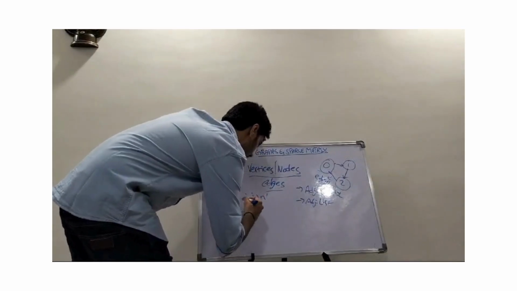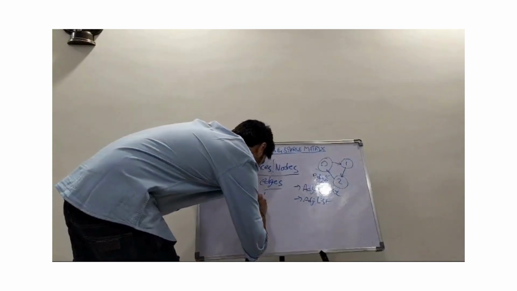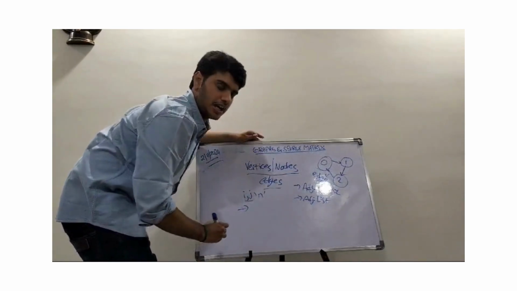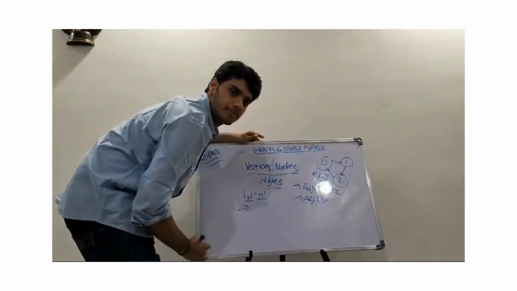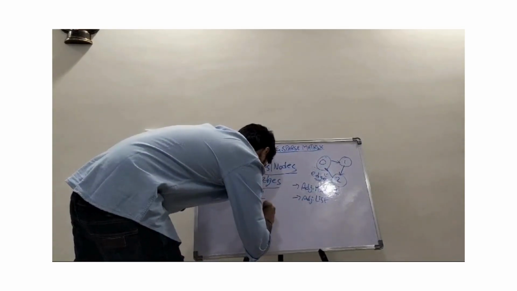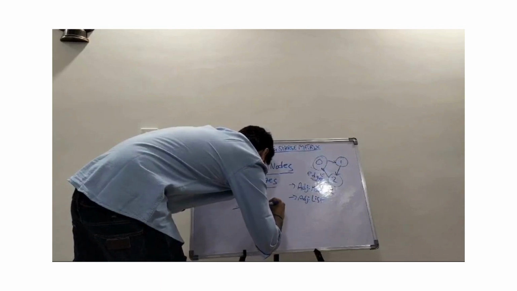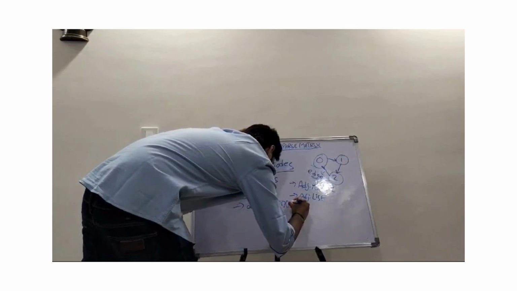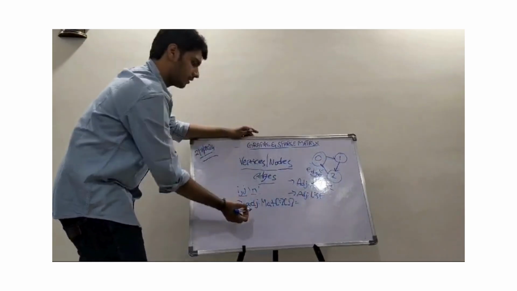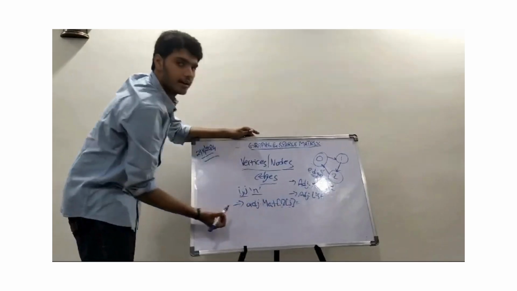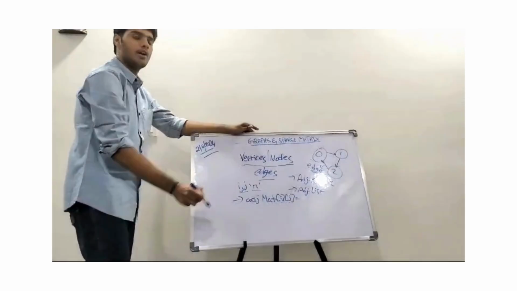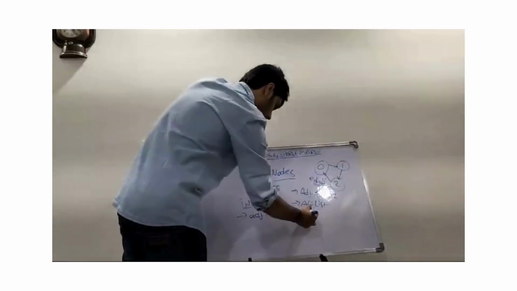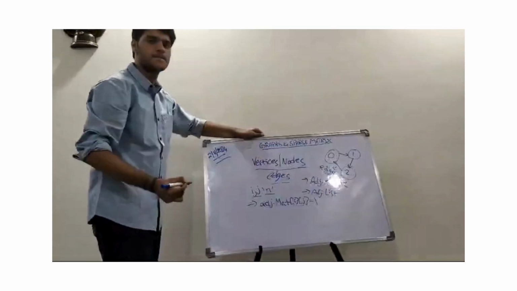If the matrix with vertices i and j has an edge, we represent it with 1.